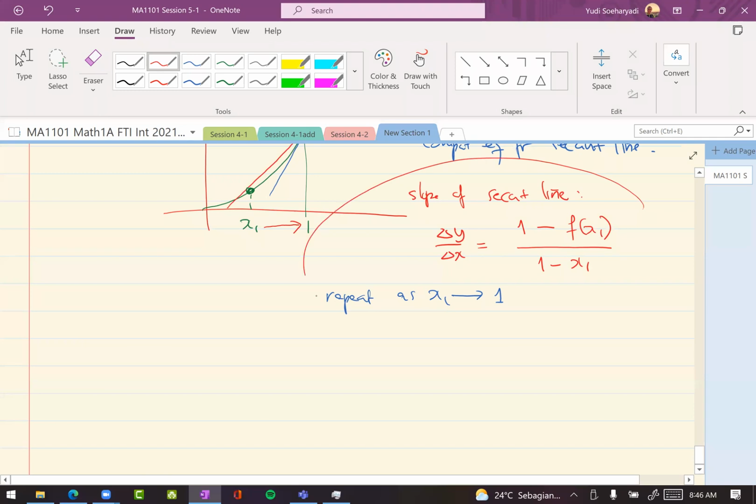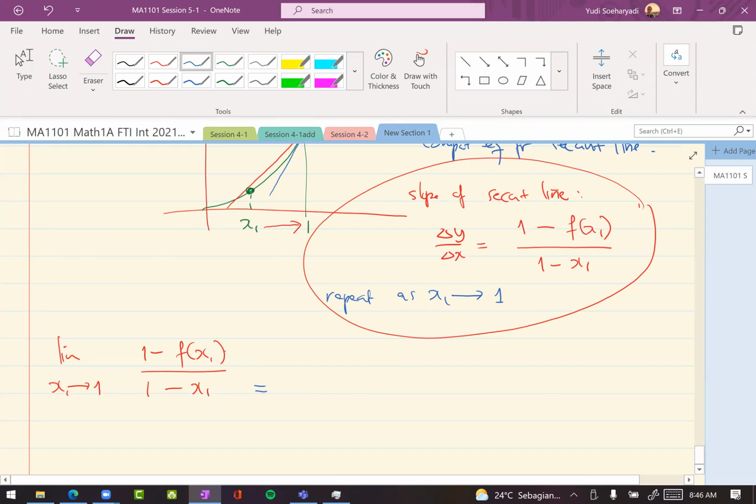Let's formulate this one. What we compute here is this one: as x1 goes to 1, take the limit. Now we have the tools to compute this thing.